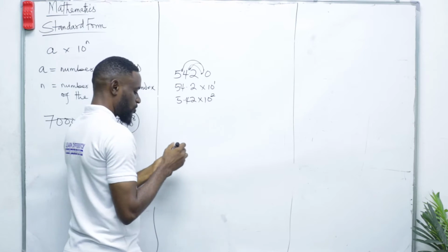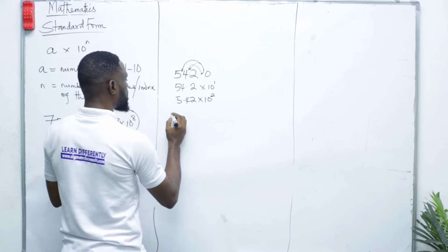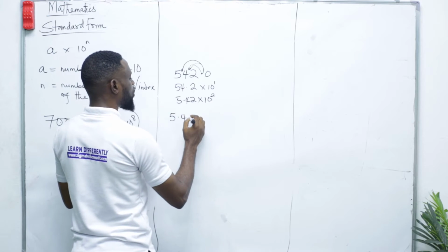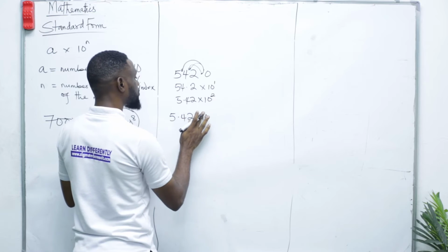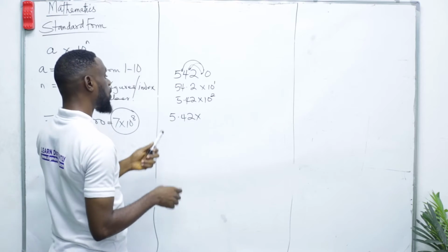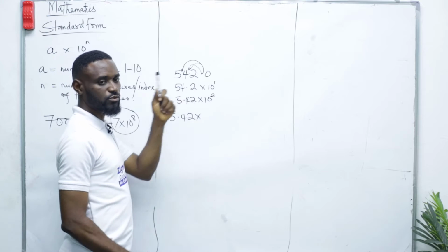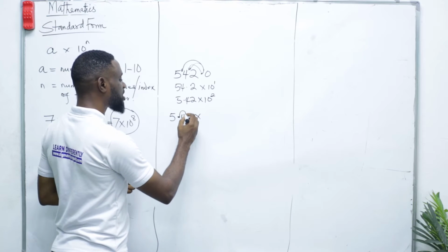All right, so this is one. Look at another scenario. Let's say we have 5.42 and we want to move the point to this side.